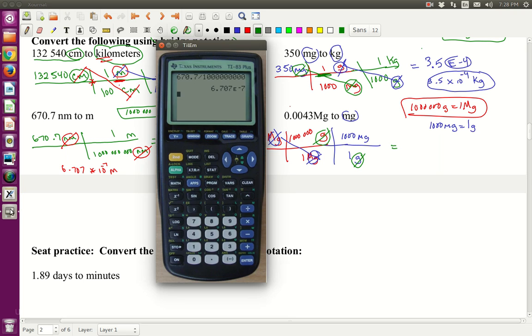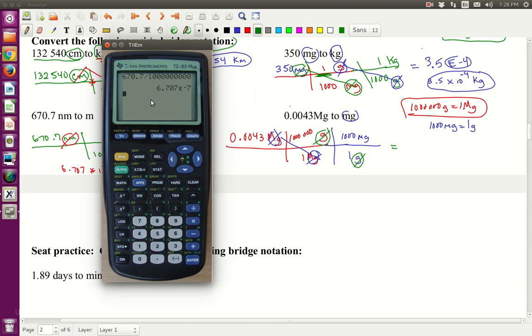Pull up the calculator. Scooch it over a smidge. All right. So we have 0.0043 times 1 million, 1, 2, 3, 4, 5, 6. Times again 1,000, 1, 2, 3.